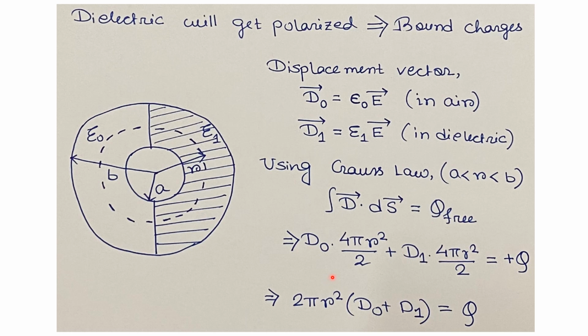So we can take this 4 pi r square by 2, that is 2 pi r square, as common, and we will have 2 pi r square times D naught plus D1 equals q.